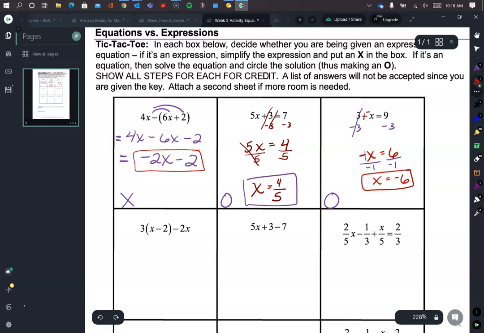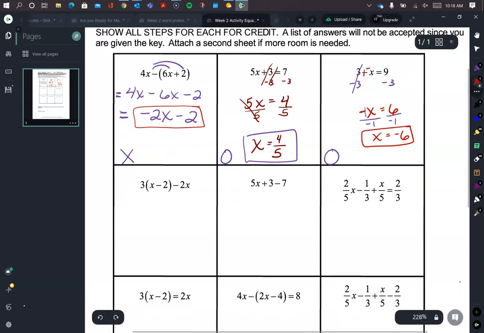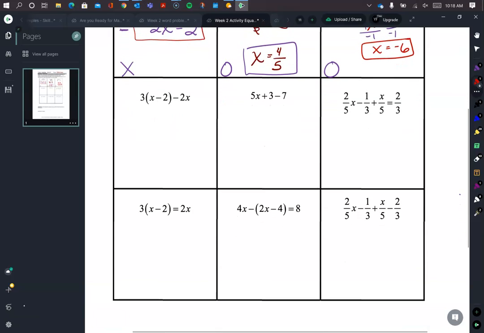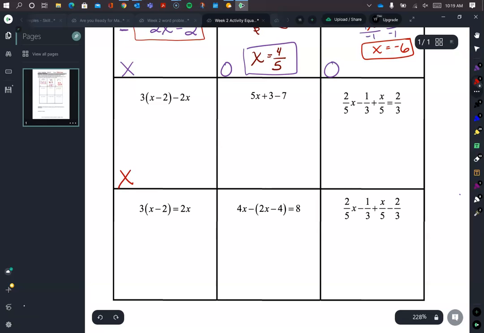Okay, moving right along to the next row, we have 3x times quantity, x minus 2, subtract 2x. There is no equal sign here. There's nothing on either side of an equal sign indicating an equation, so that would be an expression.